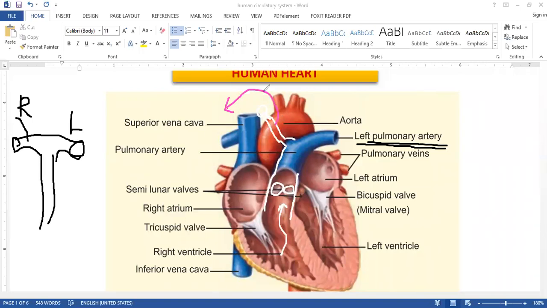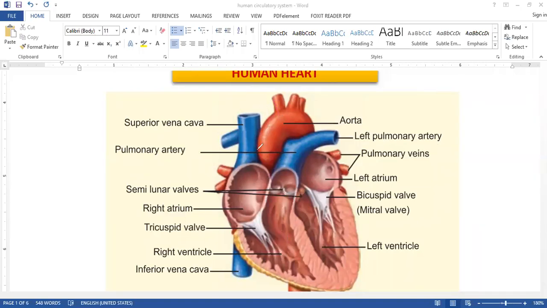And another important tube starts from the left ventricle.